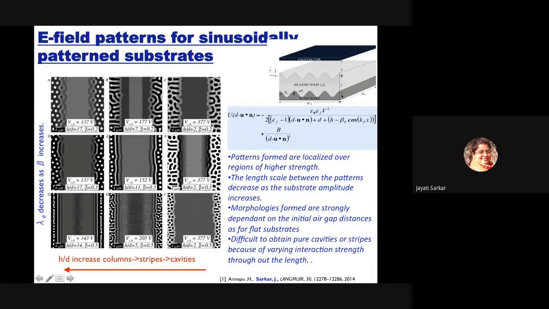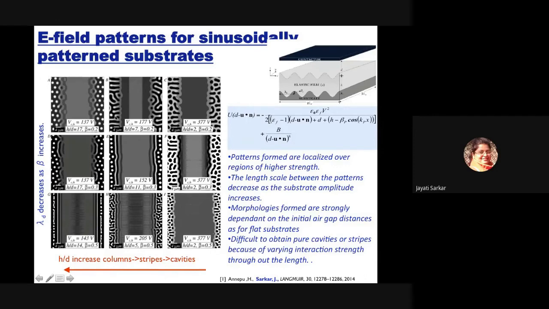So if both of them are made to change laterally, then what will the instability be like? Will it give an ordered pattern, or a pattern at a smaller wavelength? That was seen. The elastic energy will remain the same, whereas the interaction potential will change laterally.